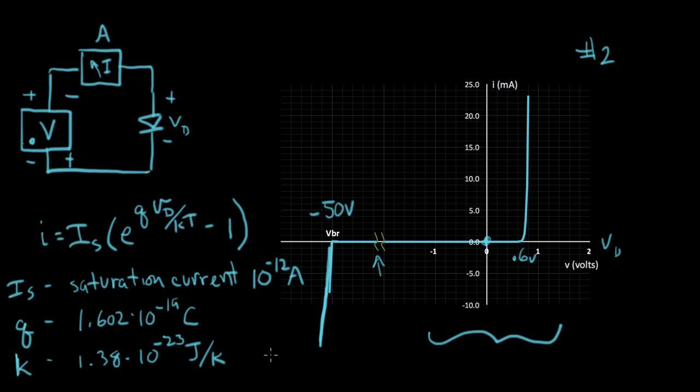And the last variable is T, and that's the temperature, and that's measured in Kelvin with a big K. Kelvin is the absolute temperature scale, so 0 Kelvin equals minus 273 degrees Celsius. Very, very cold.